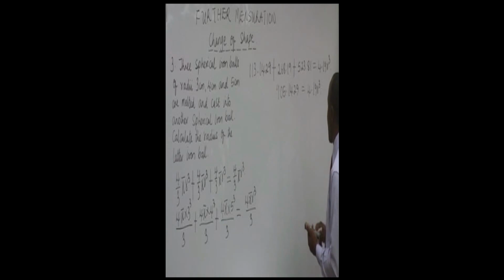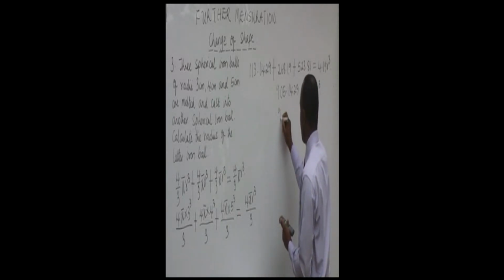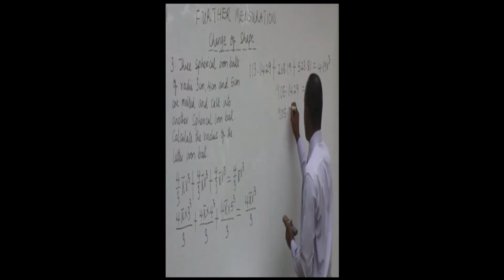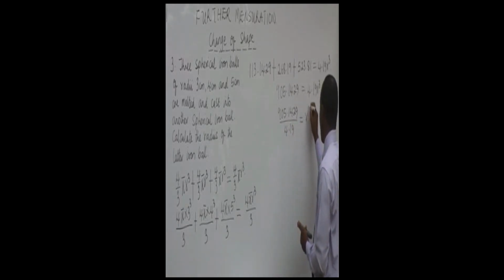Now divide both sides by 4.19 so as to eliminate it as the coefficient of r cubed on the right hand side of the equation. So we're going to have 905.1429 divided by 4.19 will now give you r cubed.